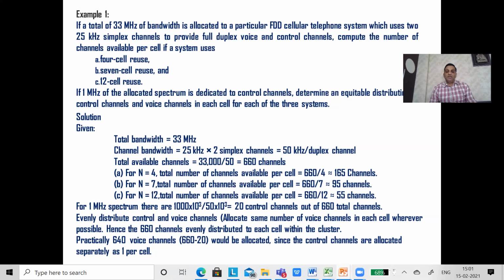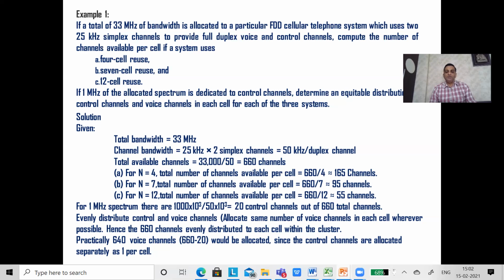Practically, 640 voice channels, that means 660 minus 20, would be allocated, since the control channels are allocated separately as one per cell. So this is the basic requirement for allocation of control channel for every cell in a cluster.